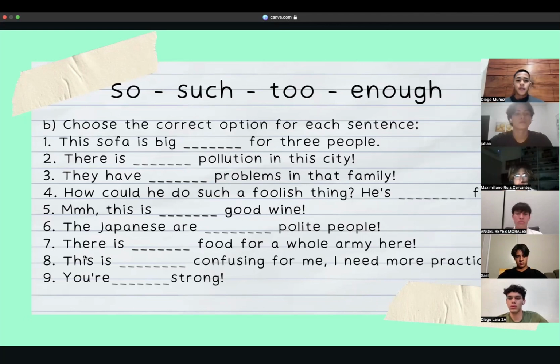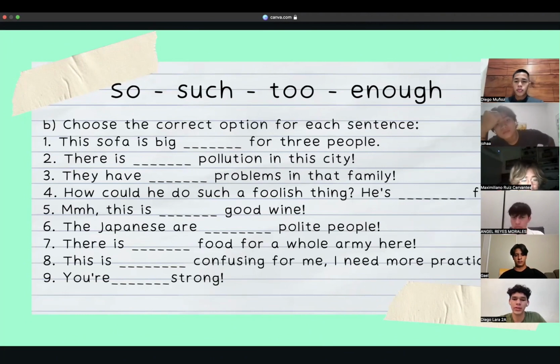The seventh: there is blank food for a whole army here. There is not enough food for a whole army here. Yes. Okay, but now this is blank confusing for me.